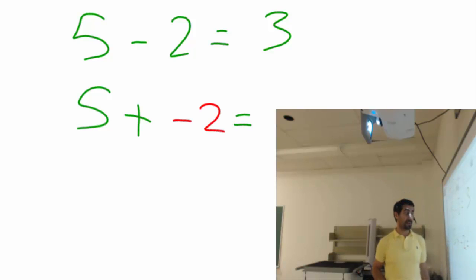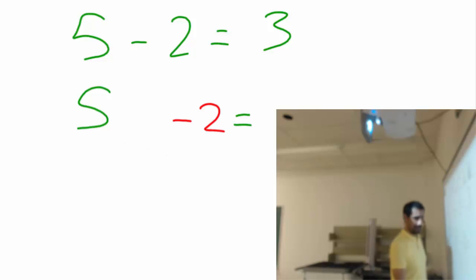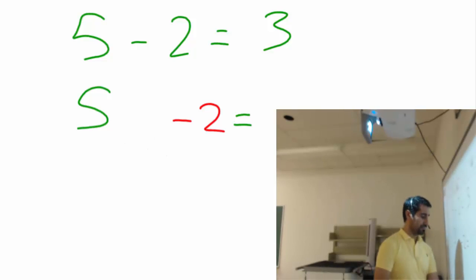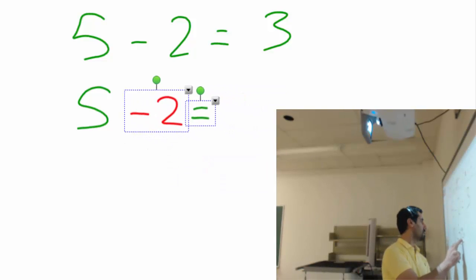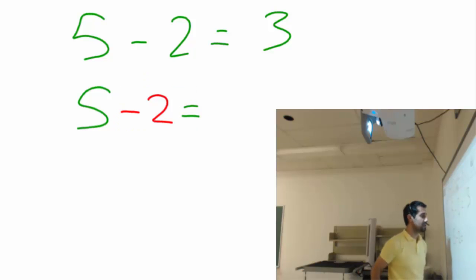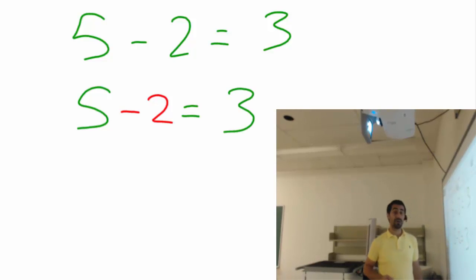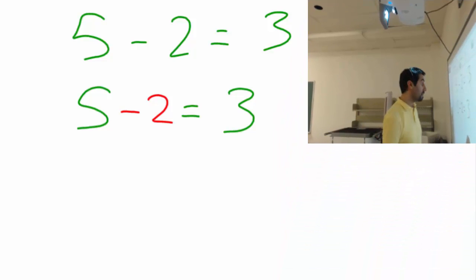So, what's going to happen here? Again, let's ignore the plus sign and move the rest of the question next to 5. I'm going to end up with, again, 5 minus 2, which is again 3. So remember, you can always ignore the plus sign.